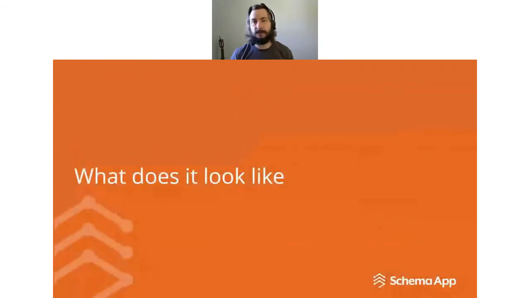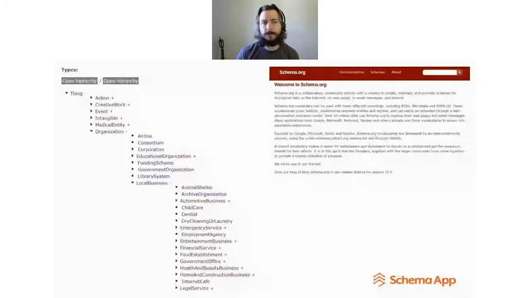But what does it look like? We're talking about authoring schema. So what does schema look like? Well, if you go to schema.org, you'll see the vocabulary, and that's the first place to start. And it's a hierarchy of schema class types that you can see. As you go deeper, they get more specific. So the most generic schema class type is Thing.